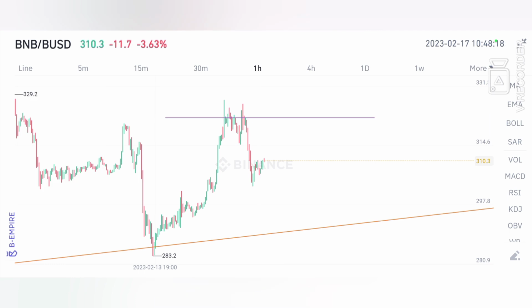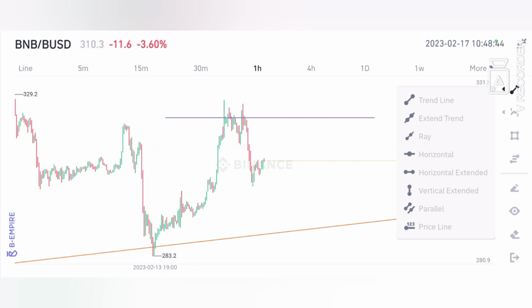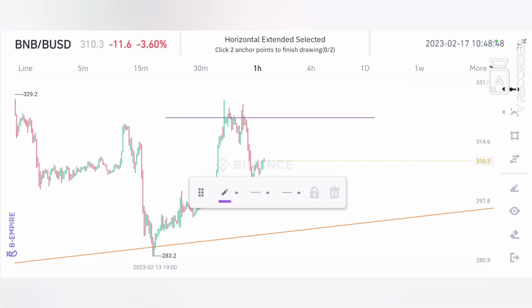You could do your plotting however you see fit. Now we could also build a mini support and resistance level. We can see another one over here.